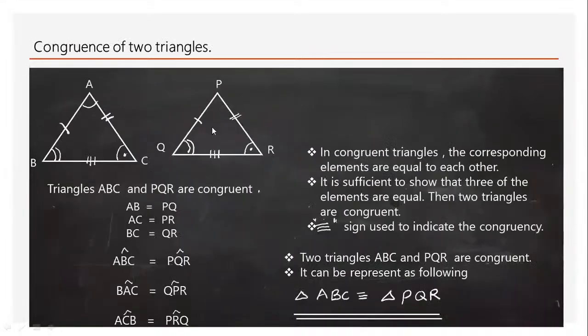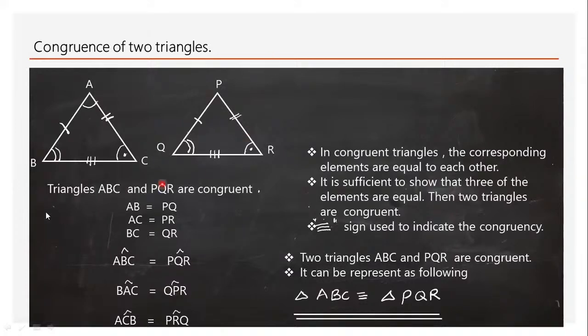Congruence of 2 triangles. Now look at these 2 triangles, right? Triangles ABC and PQR are congruent. Then you can see AB side, one line here, equals PQ side, here also one line. And AC side, double line, equals PR side. BC side, 3 lines, equals QR side, here also 3 lines.